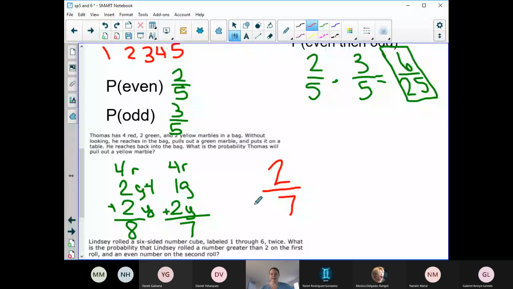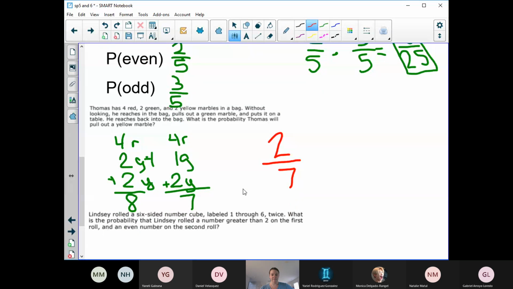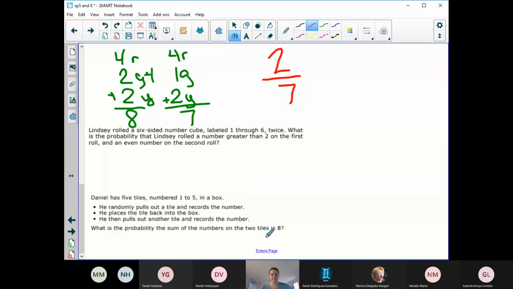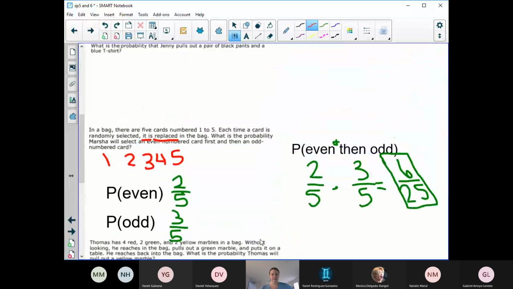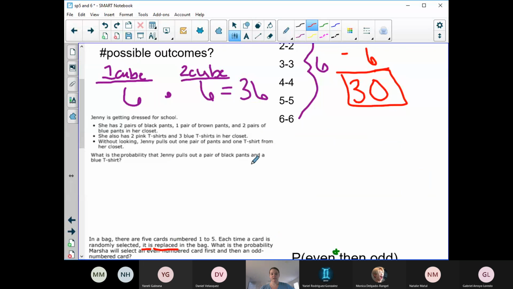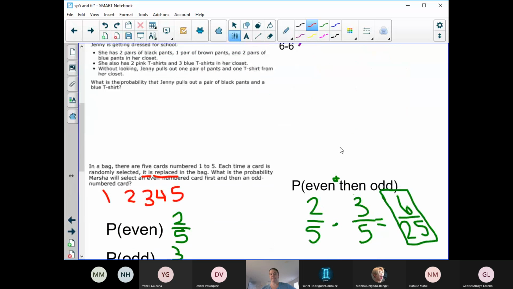Any questions about that one? Okay. All right, any questions about finding the number of outcomes or with and without replacement?